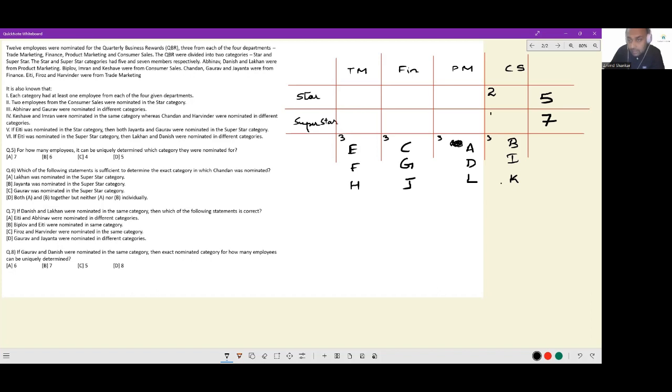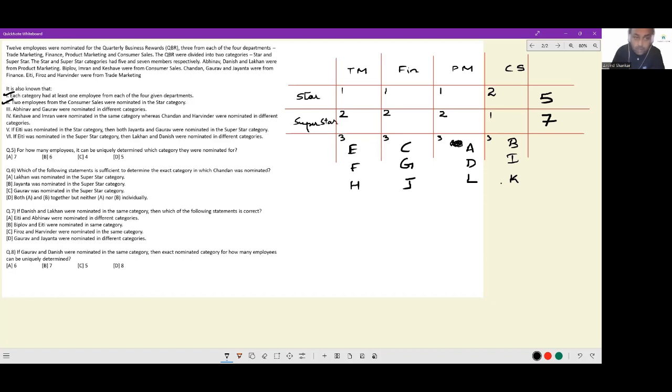If we have 2 here, we will have 1 here. Additionally, because of the star grouping, this will be 1, 1, and 1. And because every department is supposed to have 3, it will be 2, 2, and 2. This is uniquely identified. So first 2 points are already taken care of.